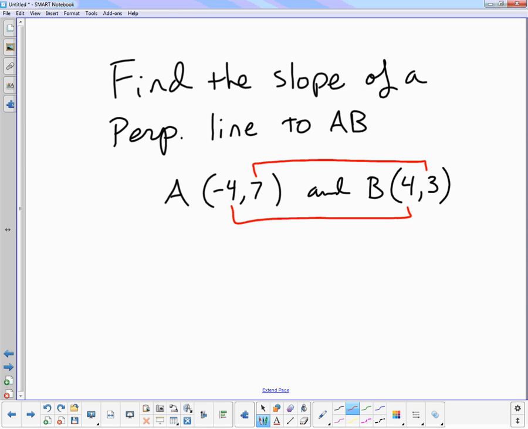I'm going down 4. Guys, for those of you that are consistently making these mistakes, what's 7 minus 3? What is -4 minus 4?